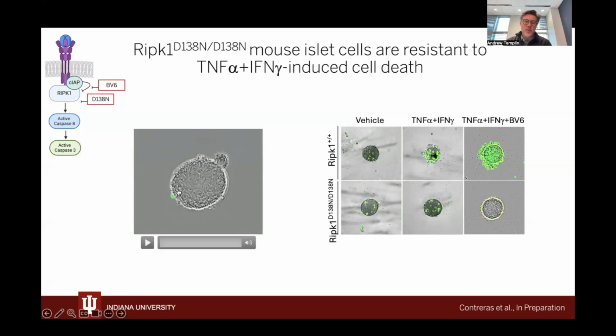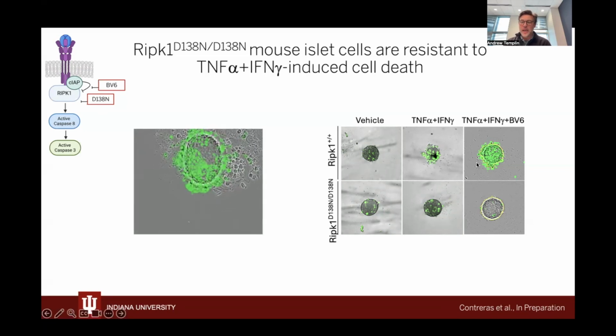So again, we can treat our islets with our stimuli of interest and our Cytox Green, and we can quantify the cell death in these islets over time as a function of the phase or bright field area of the islet itself. And on the right, here are some representative images in RIP1 replete islets on the top, treated with vehicle, TNF-alpha and interferon, or TNF-alpha and interferon and BV6, which is an inhibitor of IAPs.